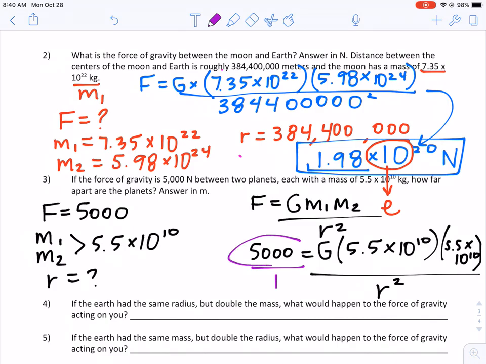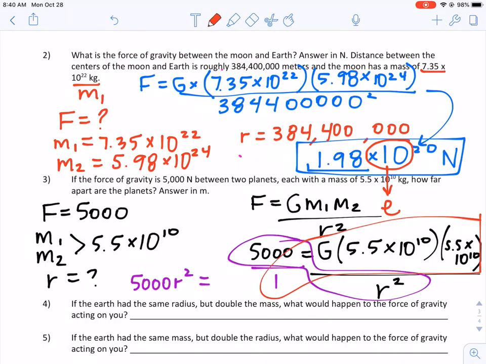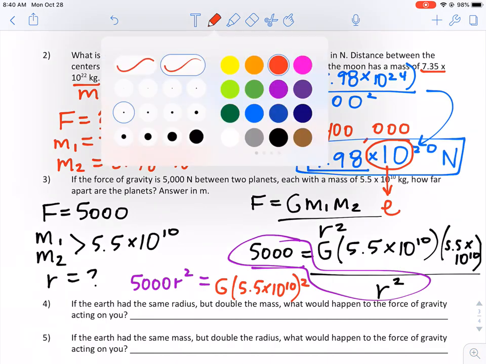So if we cross multiply from math, R squared and 5,000 go together, and an imaginary 1 and the G mess go together. So that is just another way to write this. Now I'm going to write a squared there, meaning there's two of them multiplied together.